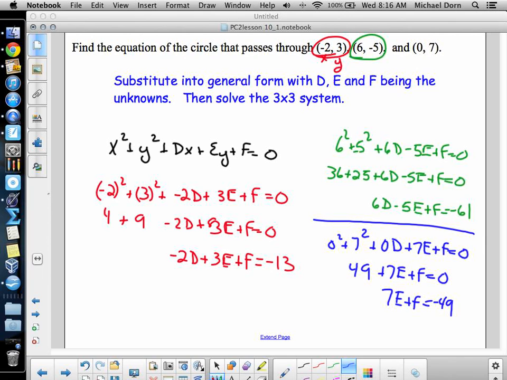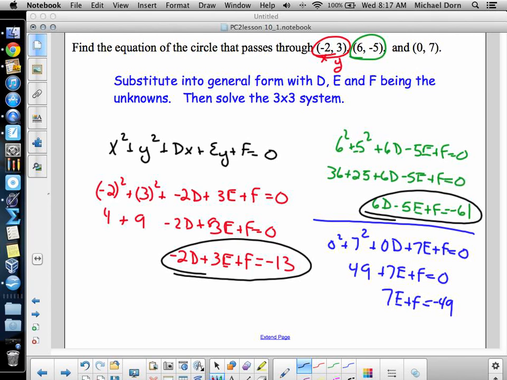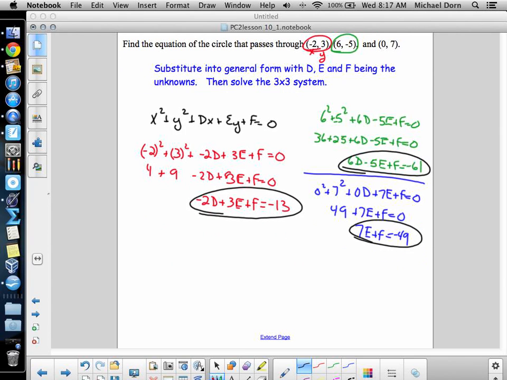Now we have 3 equations and 3 variables. Right here, right here, and right here. And I can actually solve those equations simultaneously. So I set them up.